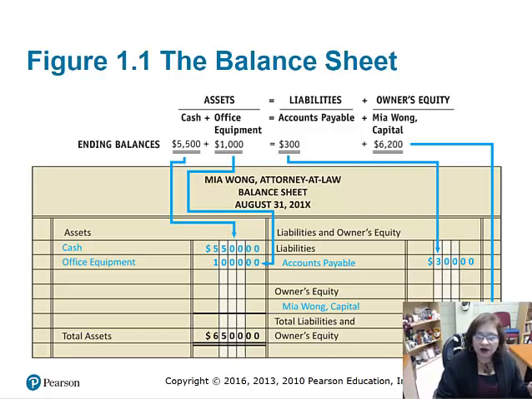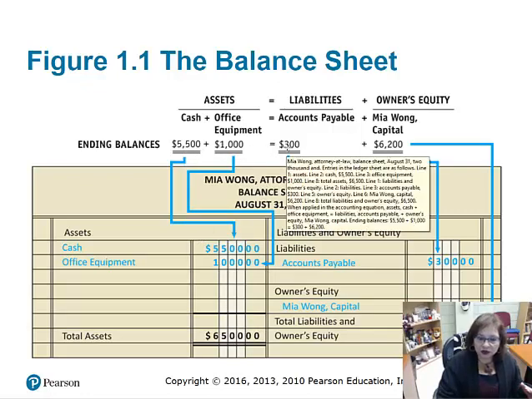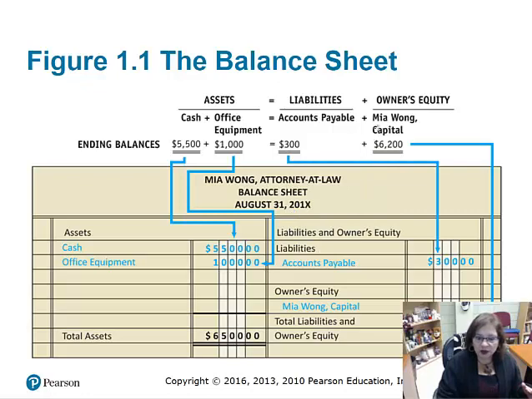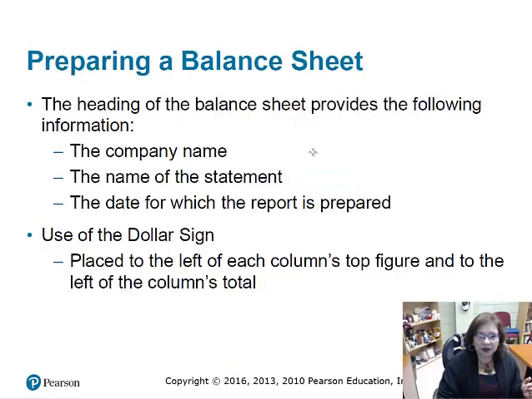And then the total amount of money that she brought in on her own, which is again, showing you the $5,500 plus the $1,000 equals the $300 of the accounts payable plus the capital that's coming in. So everything then, again, balances out, which is great, according to the fundamental accounting equation, okay?